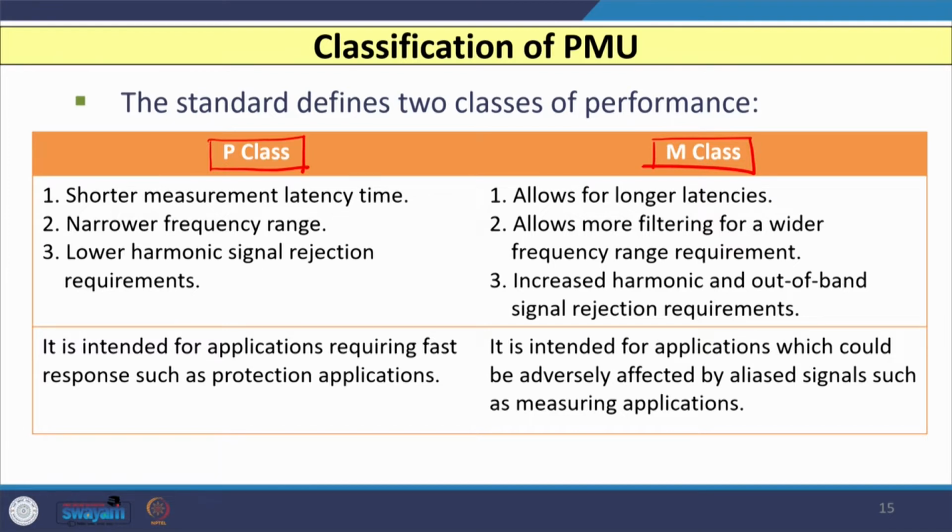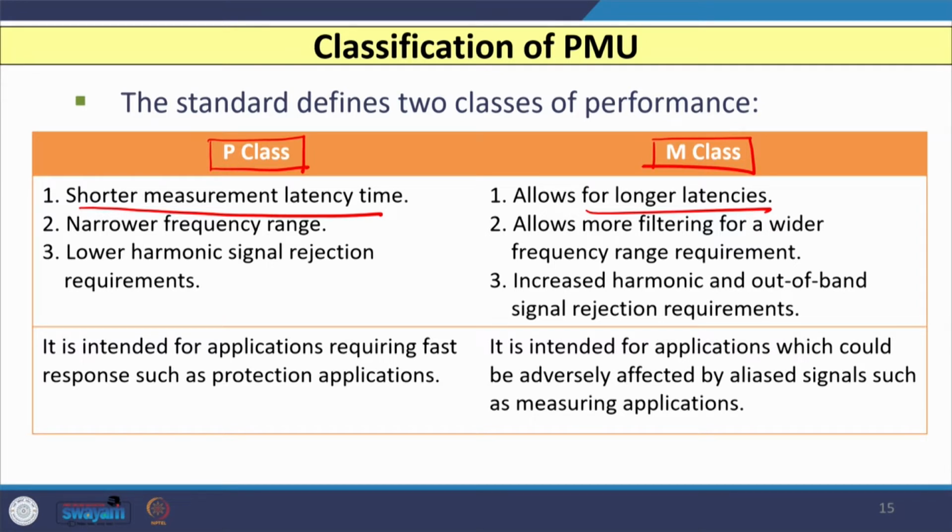In the P-class PMU, the measurement latency is shorter compared to the M-class PMU, where longer latencies are observed.